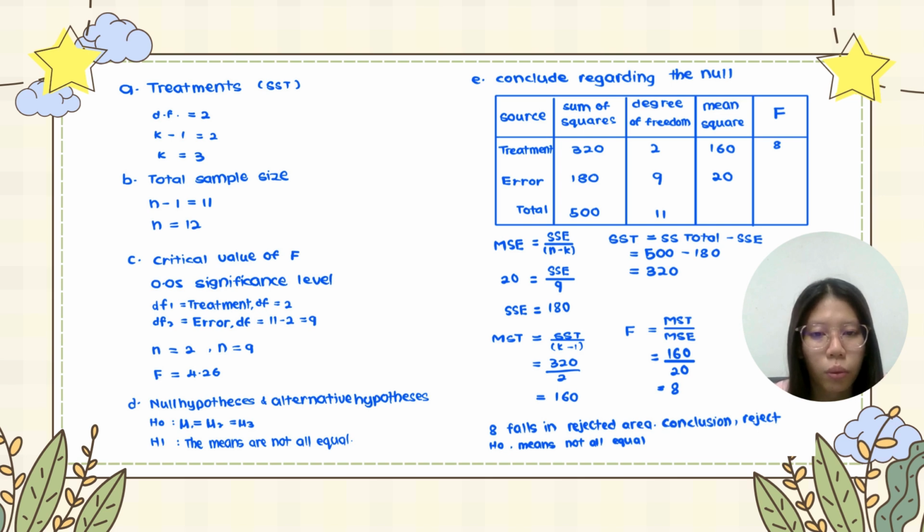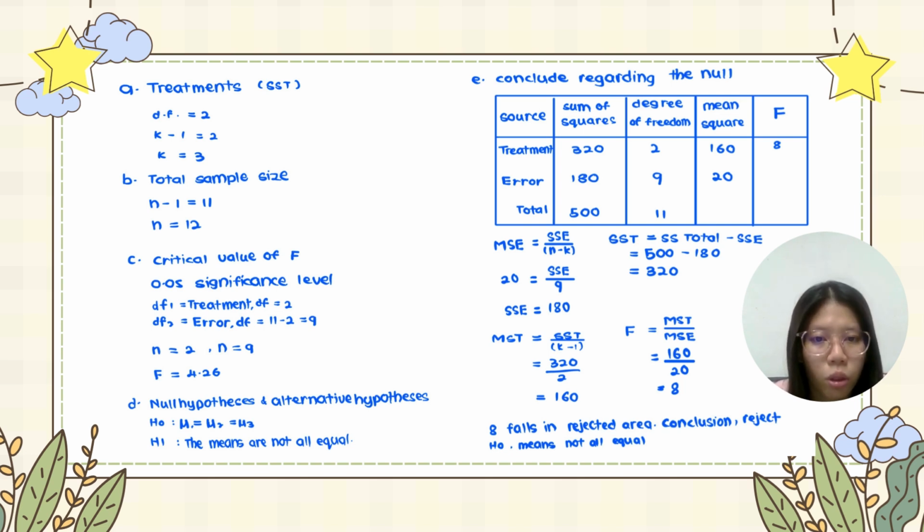So we will get 320 divided by 2, and then the MSD is 160. We want to calculate the SSD, where SSD equal SS total minus SSE, which is 500 minus 118, so we will get the SSD is 320.